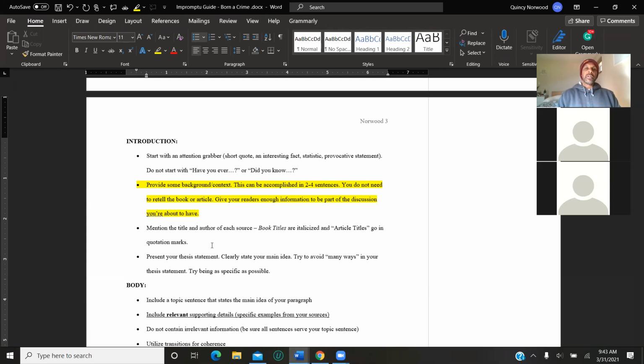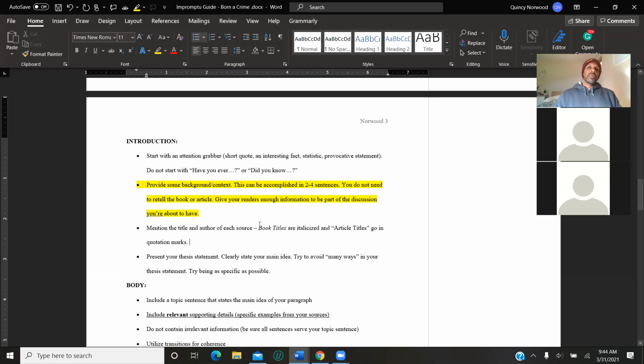Again, you have to do that in your introduction. You have to. And book titles are italicized, but put article titles in quotation marks. Book titles are italicized.